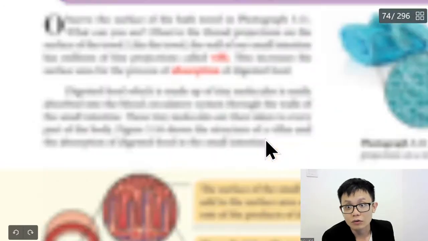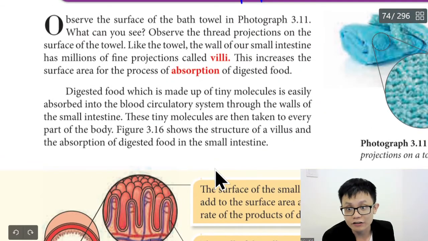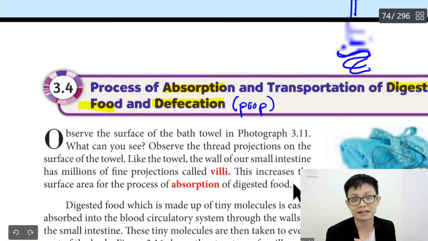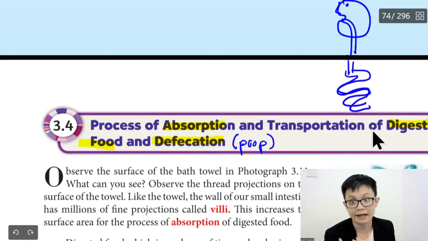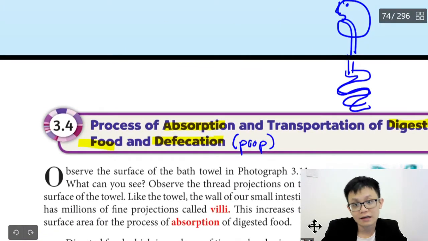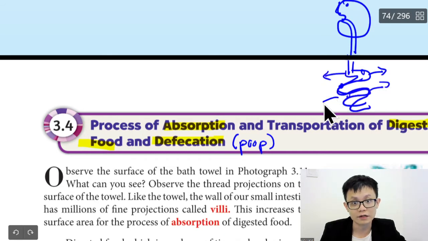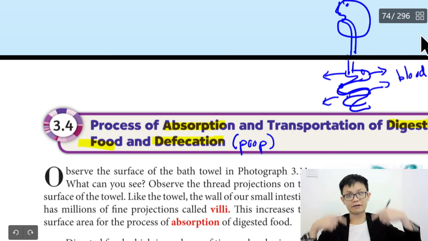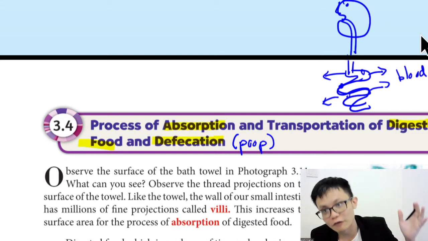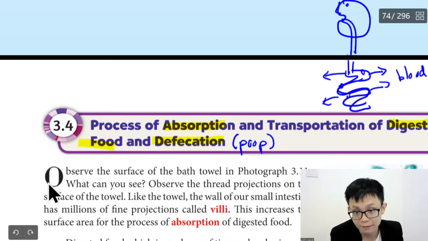So why does it need to be like this? First, what the intestine is trying to do is this: the food that you eat, when it goes inside, will dissolve out into the blood stream, and your blood will carry it up, down, left, right, to wherever part of your body.